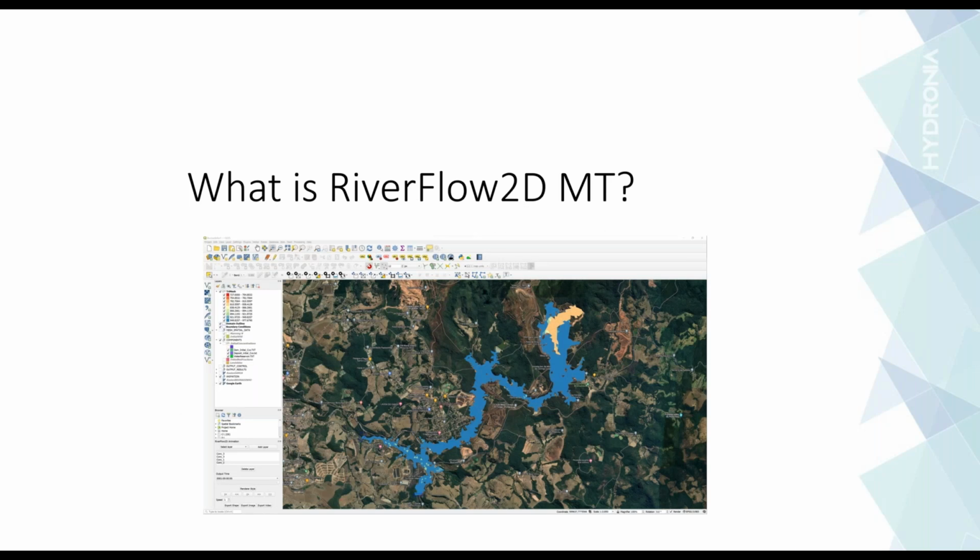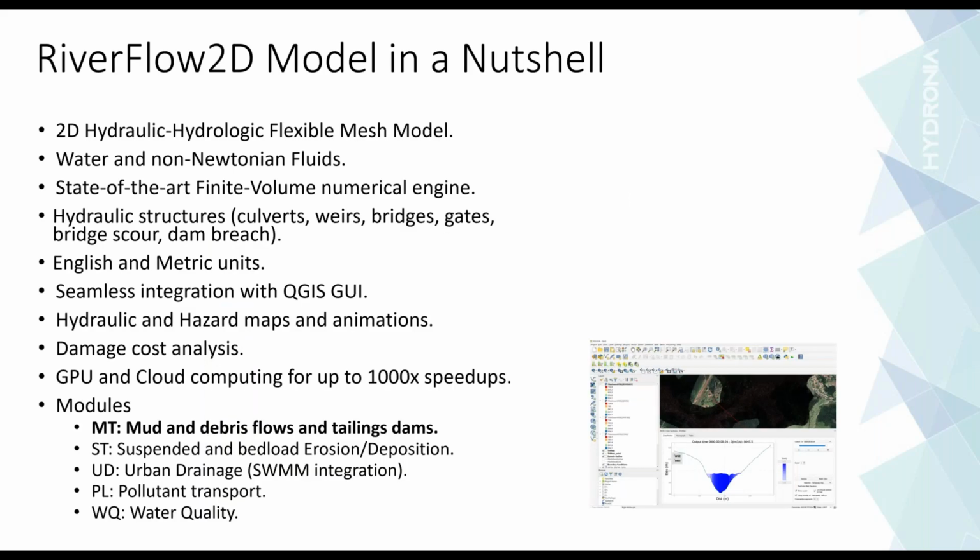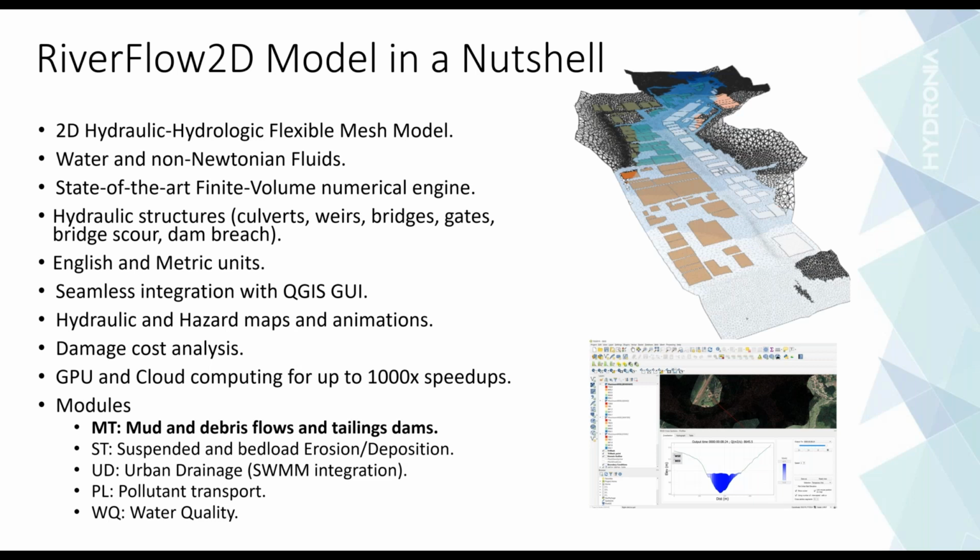So the first one is, what is RiverFlow2D MT? RiverFlow2D, in a nutshell, is a two-dimensional hydrodynamic flexible mesh model that can simulate the flow of water and non-Newtonian fluids or mixtures of them. It's in a way a two-phase model that uses the shallow water equations, or a kind of shallow water equations, for the material and the water flow, and solves those equations with a finite volume numerical engine.